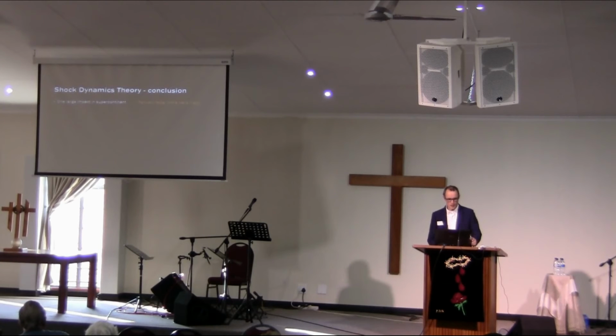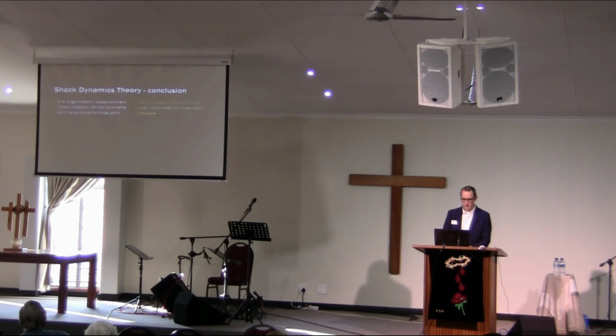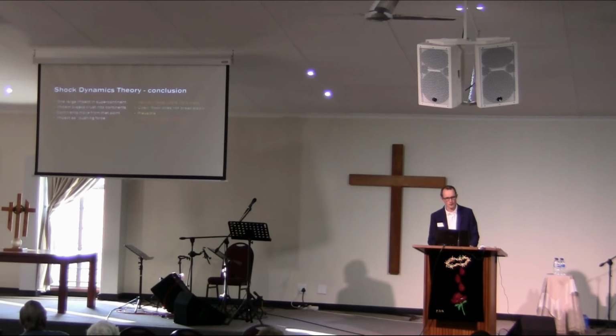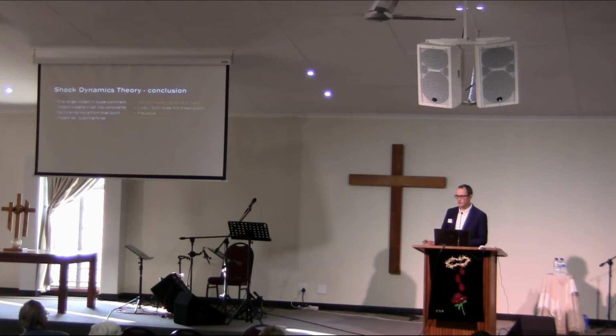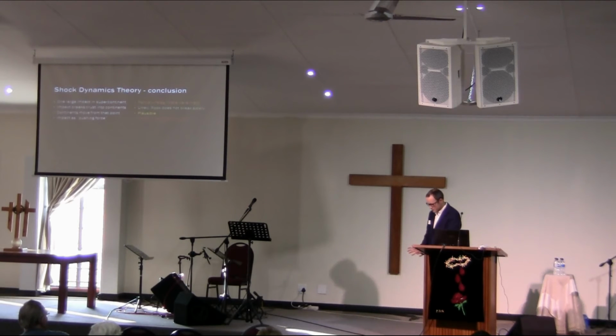The one large impact, well, it's partially false. I think there was more than one impact, but I think the impact could have broken the crust of the Earth. Continents moving from that point, I think, is plausible. Impact is a pushing force. I think that's wrong. Imagine it like this: if you put a rock into clay and you want to move it, then you need to push it for a very long time, pushing pressure on it.